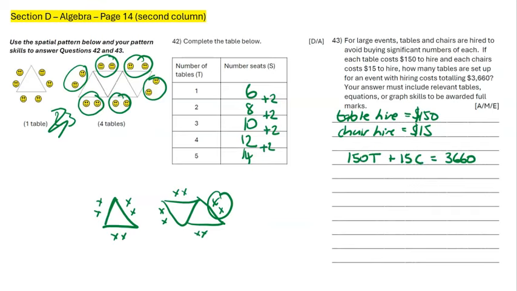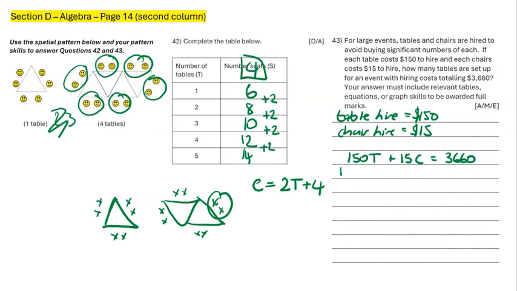And this is where the nth term skill is going to come into play. So if I tried to calculate the number of chairs, the number of chairs would have been equal to the nth term. So that would have been 2t plus, and the number before the pattern would have been 4. So 2t plus 4. So the number of chairs you need is always equal to 2 times the number of tables you have plus 4. What I'm going to do is take out that c and put in 2t plus 4 instead.